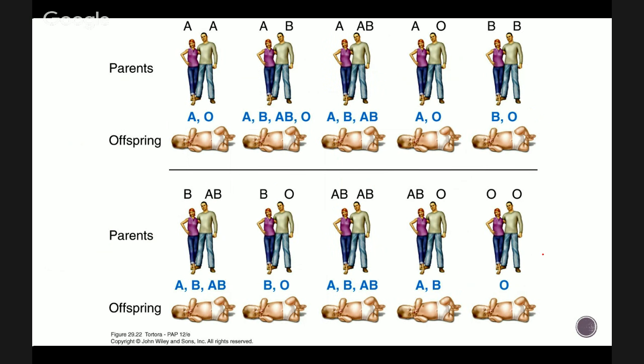So if you know your blood type and you had a child with someone else, you know their blood type, you can guess at what the offspring's blood type is. From your book, this shows you possible combinations.